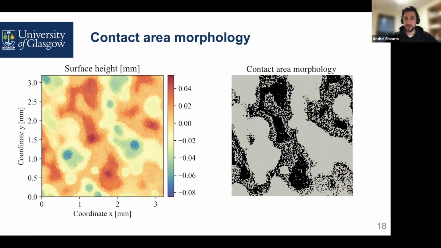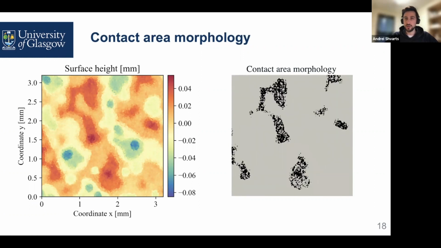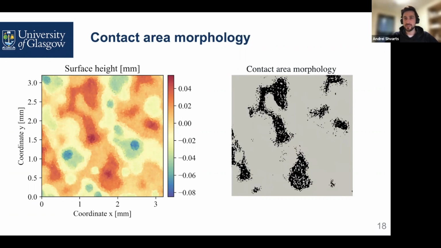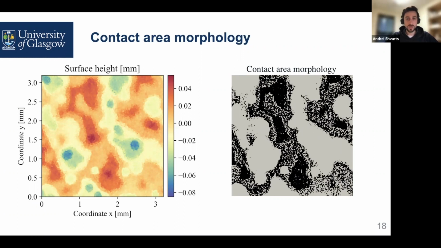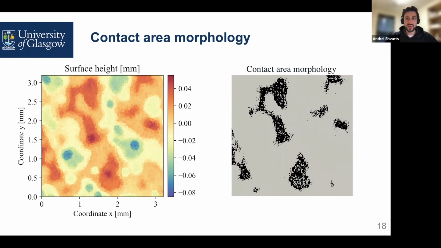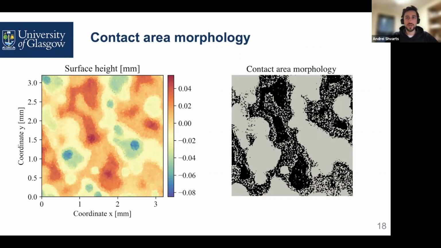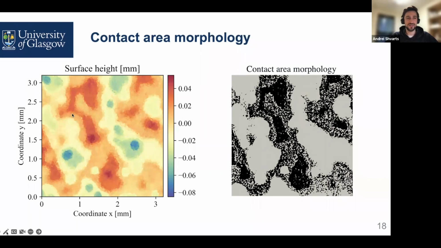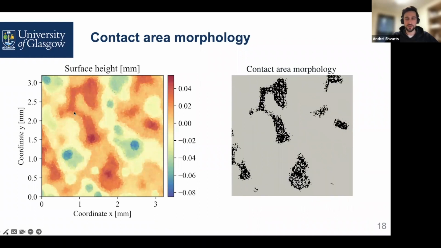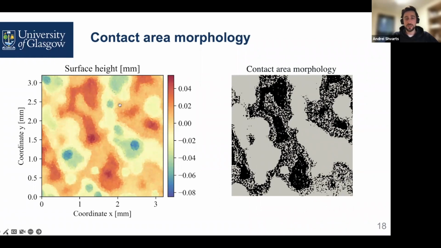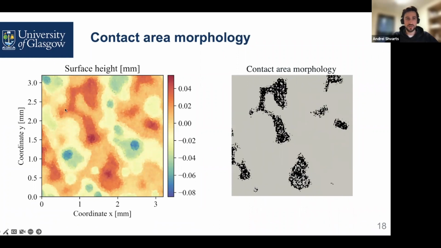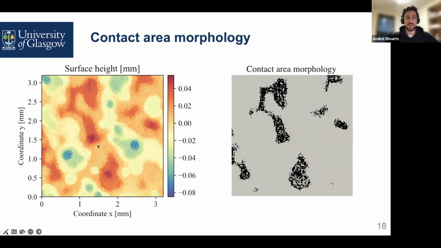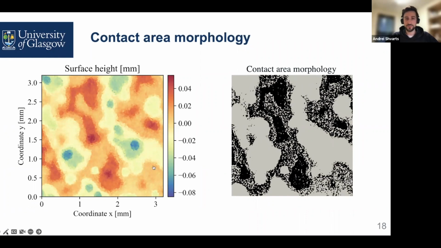So here with the black color, we are showing the contact area where the contact is taking place, and the gray area is where the contact is not taking place. So you can see how from the very beginning, the contact is occurring only on the tops of the mountains of the surface. We call them asperities. So this is where the contact is starting. You can see almost the same shape as these red zones over here. And only by applying more load, we can bring into contact the valleys.